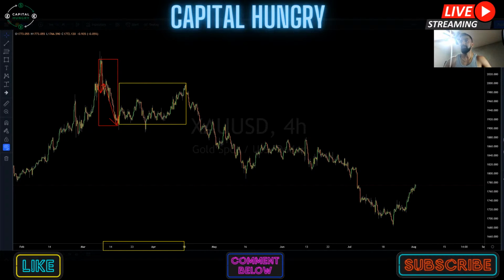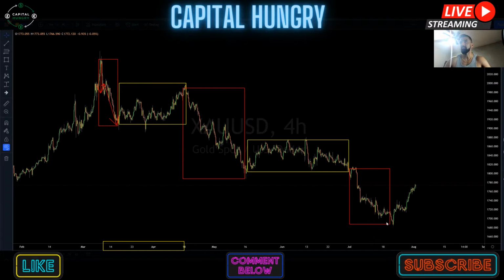And then same idea, as the sellers jump back into play, boom. Then you can see here a corrective and consolidation phase for almost 2 months. As the sellers come back into play, boom, new impulsive lows in a couple of days. Same type of idea here.